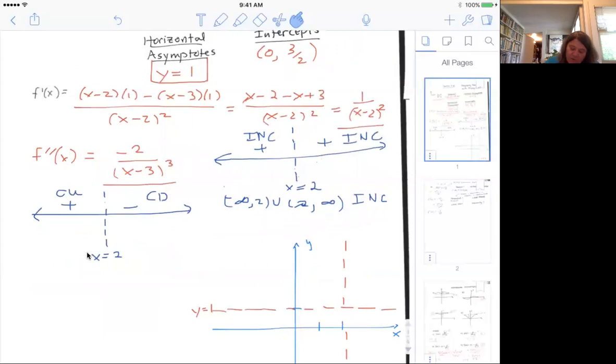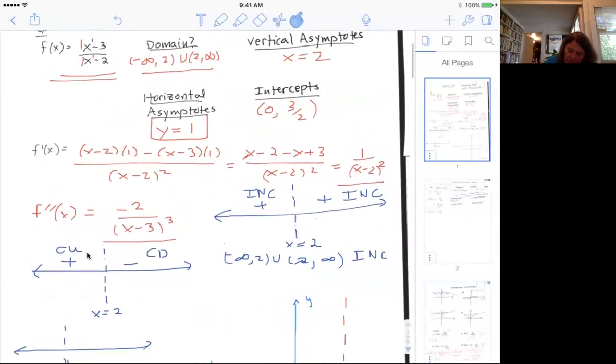So the next thing I'm going to do is do my master line. And that'll look like this. It'll have a 2 on it for my vertical asymptote. And to the right of 2, I have increasing and concave down.